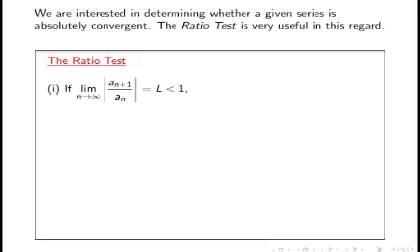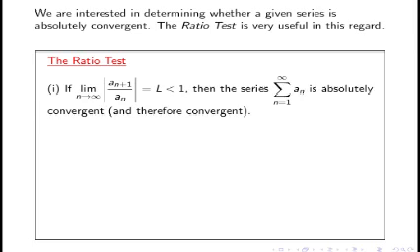If you have a series, the sum of a_n, if it turns out that the limit as n goes to infinity of the absolute value of a_(n+1) divided by a_n is equal to a number L, which is strictly less than 1, then the series, the sum from 1 to infinity of a_n, is absolutely convergent and therefore convergent.